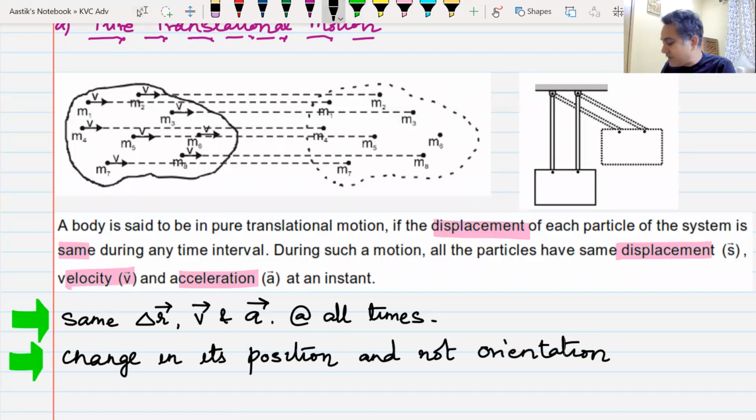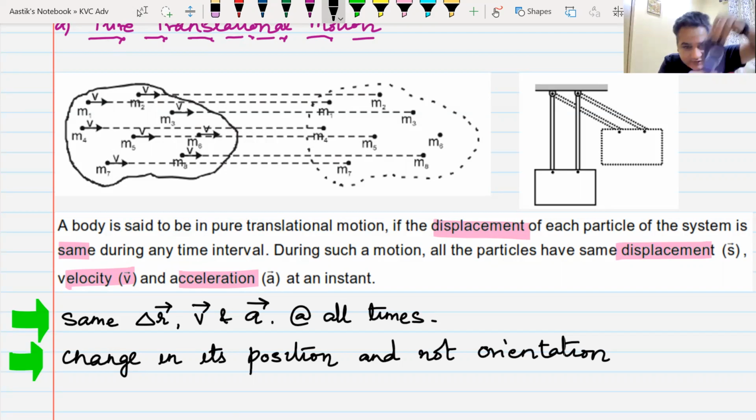You understand the meaning of orientation? If the body is like this, if it always remains like this, then this motion is translation. Do we understand this? Yes, sir.